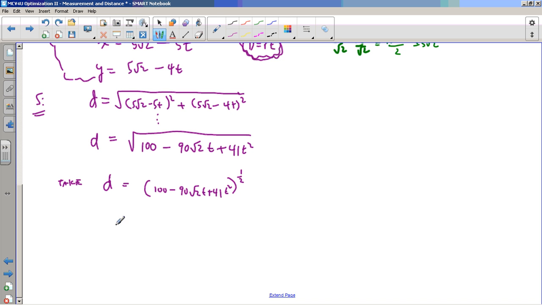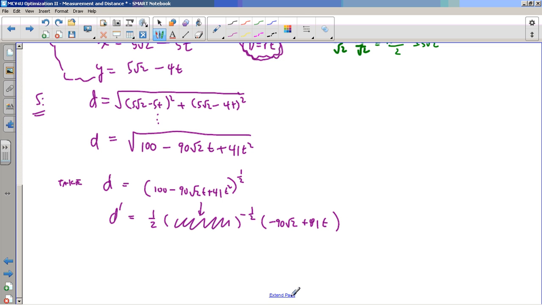So then d prime, subtract, and I don't care what this is, by the way. That goes there, and then the derivative of the inside thing is going to end up being the most important part, and I'll show you why. The derivative of that's 0. Derivative of this is just the negative 90 square root of 2, and then plus 81t. Why do I not care what this is?